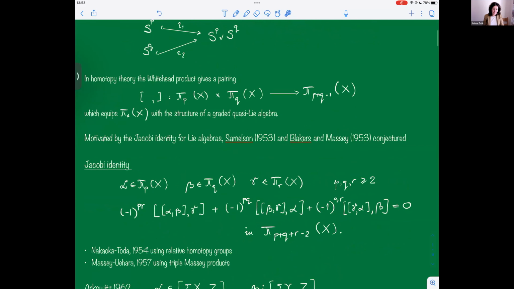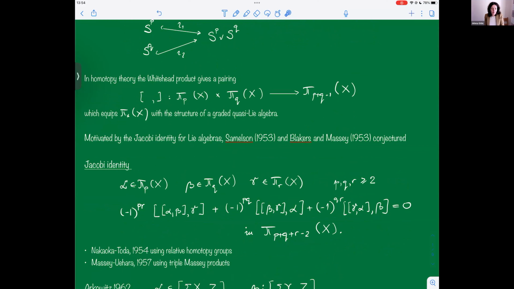So if we take three classes, alpha, beta, and gamma, the Jacobi identity holds. This is the sum of commutators in homotopy groups of spheres.